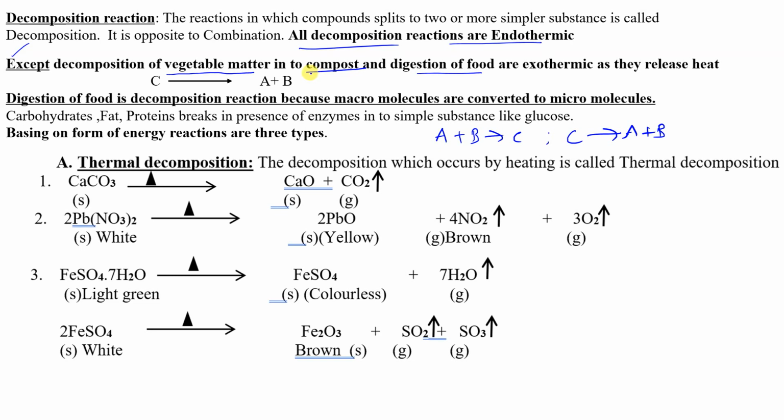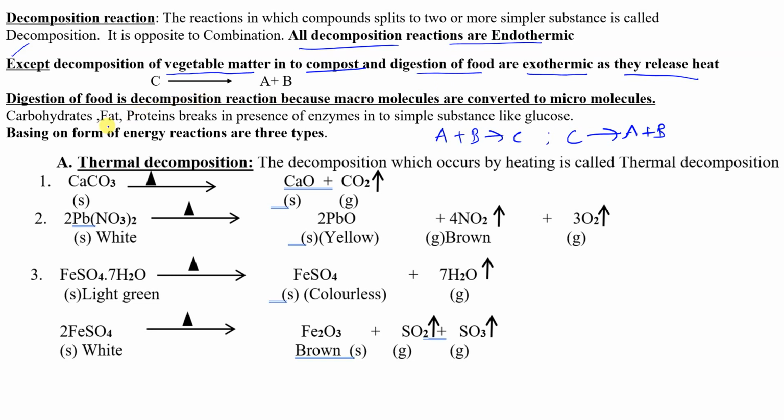Still it is decomposition only, but it is not endothermic, it is exothermic, because they release heat. Even in digestion, food containing macroscopic substances breaks into microscopic substances and releases heat. So both of these undergo decomposition but are exothermic, not endothermic, because they release heat.